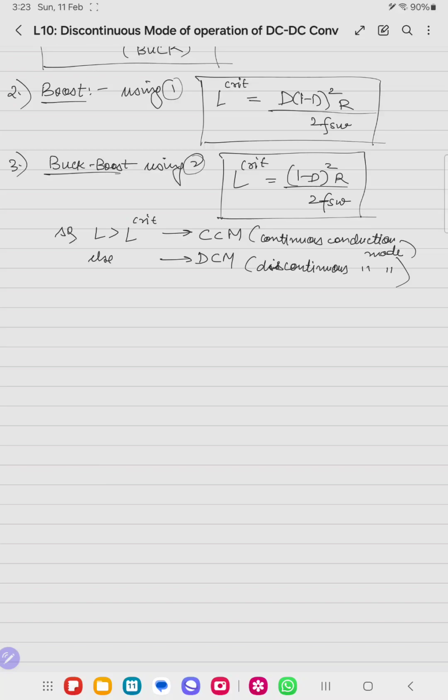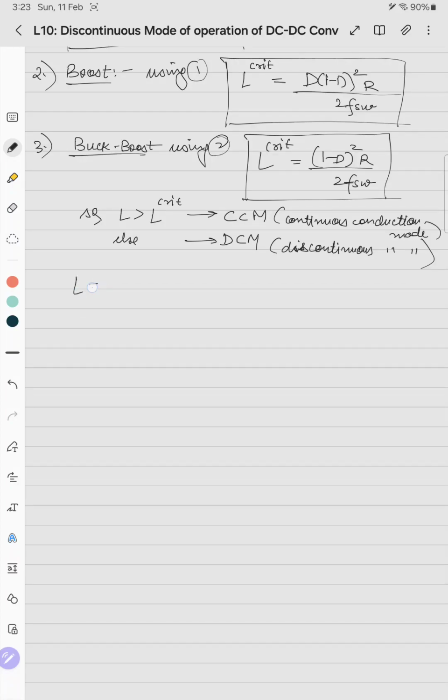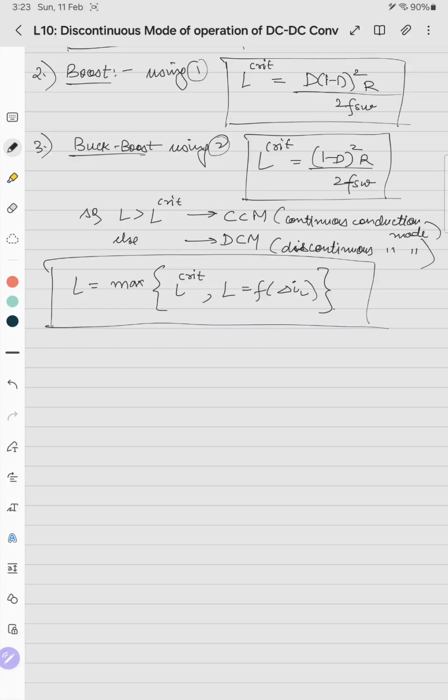So what you have to do is find the maximum of L critical and L as a function of delta I_L for any converter. This you have to keep in mind while designing the inductor, because the inductance expression which we derived in the last lecture was a function of delta I_L.